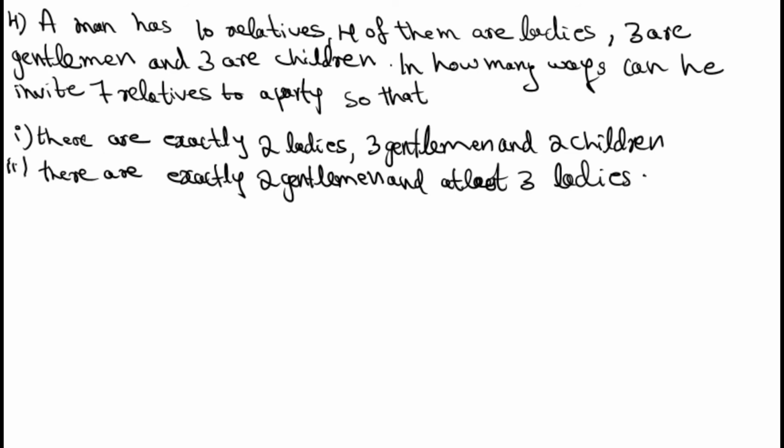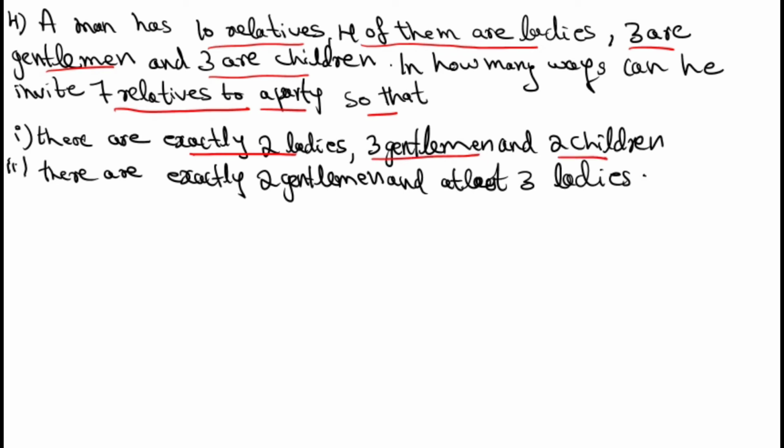See the next question. A man has 10 relatives. Okay, out of 10 relatives, 4 of them are ladies, 3 are gentlemen, and 3 are children. In how many ways can he invite 7 relatives to a party? So that means you need to invite only 7 relatives, such that first condition: exactly 2 ladies, 3 gentlemen, and 2 children.